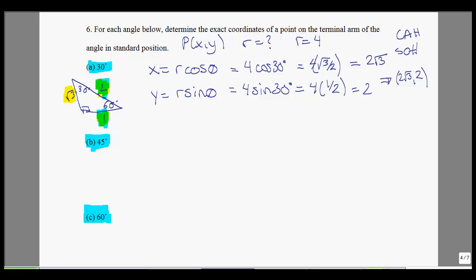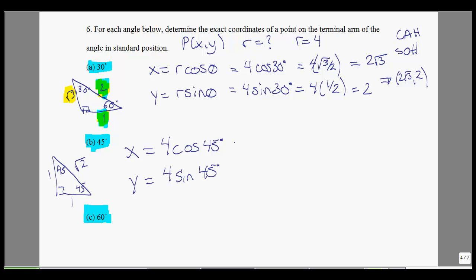For 45 degrees, we do have another triangle that we could use, which is our 90, 45, 45 triangle with sides root 2 hypotenuse and 1 and 1. So let's find our x, which is 4 for r again, cos 45 degrees, and our y, 4 sine 45 degrees.